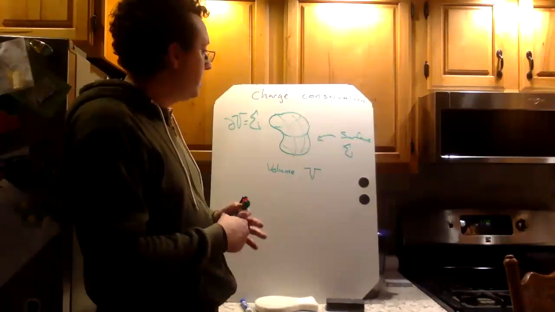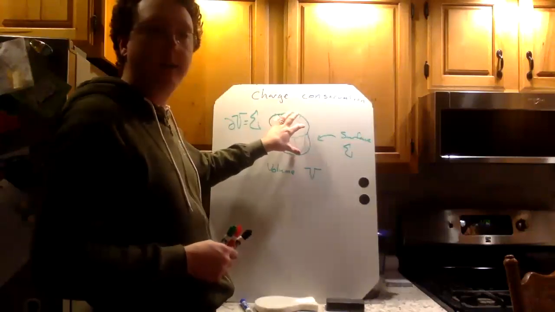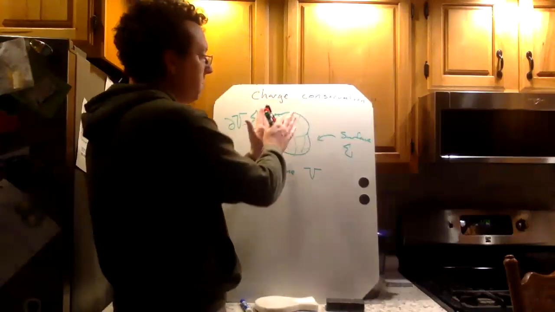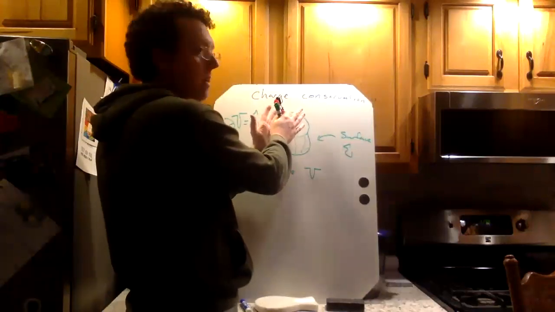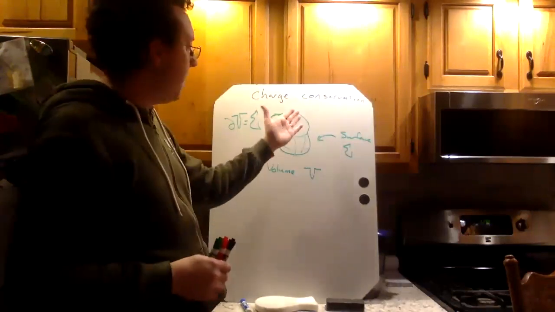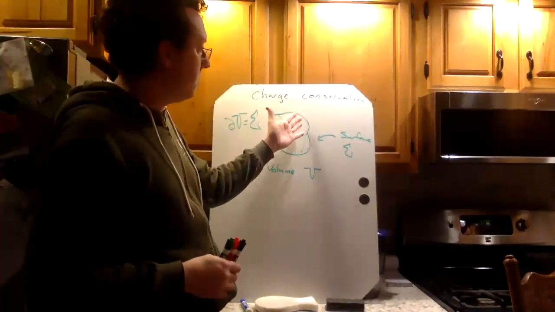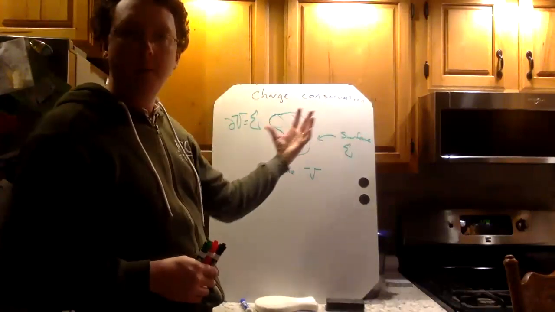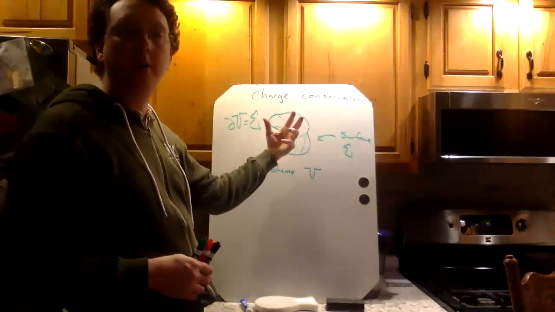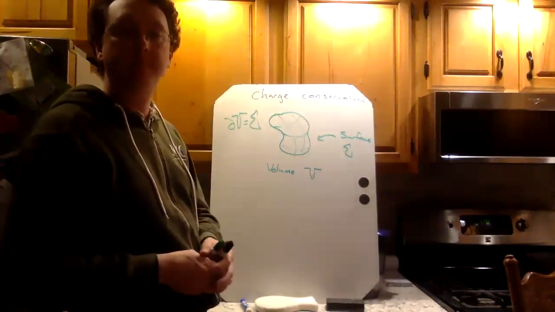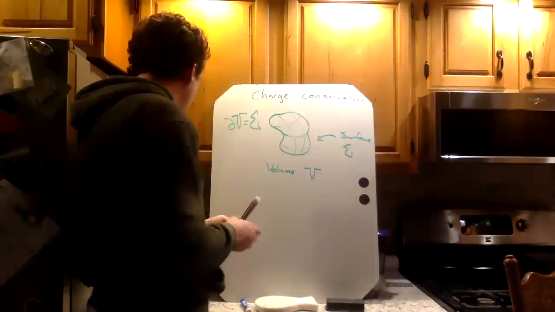In order for the volume inside to lose charge, there must have been a net flow through the surface. The amount of charge per second that leaves through the surface must correspond to the decrease per second in the interior. That's the statement of charge conservation.